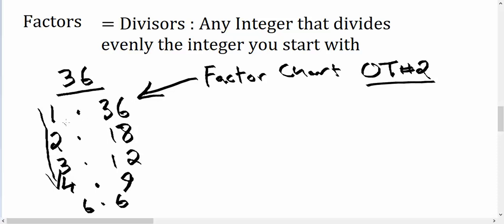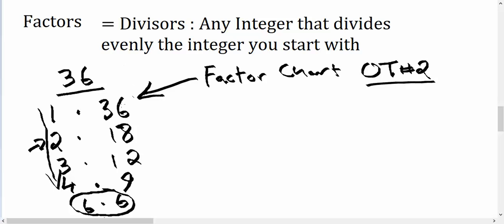And on the right side, you multiply whatever number gives you the number up here. So when I started with 1, 1 times 36 gives us 36. Then I went up to 2, and 2 times 18 gives us 36. I continue that until the numbers cross at the bottom, and then I've found all of the factors.